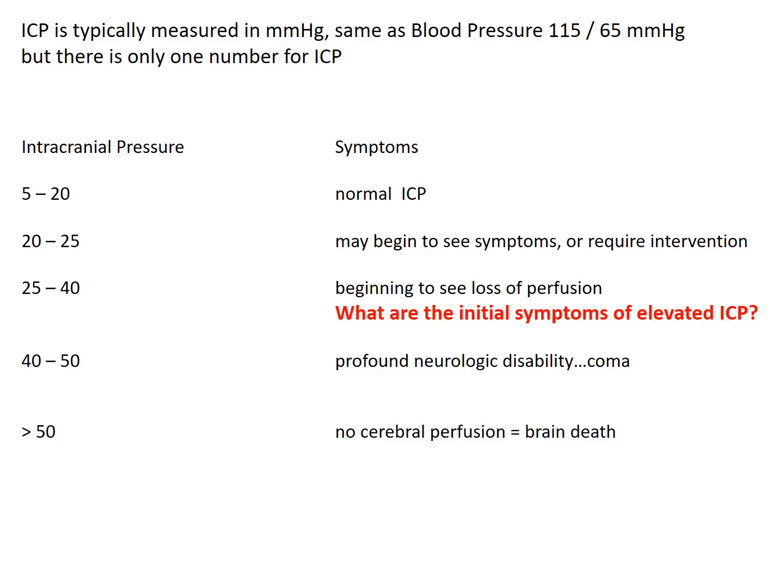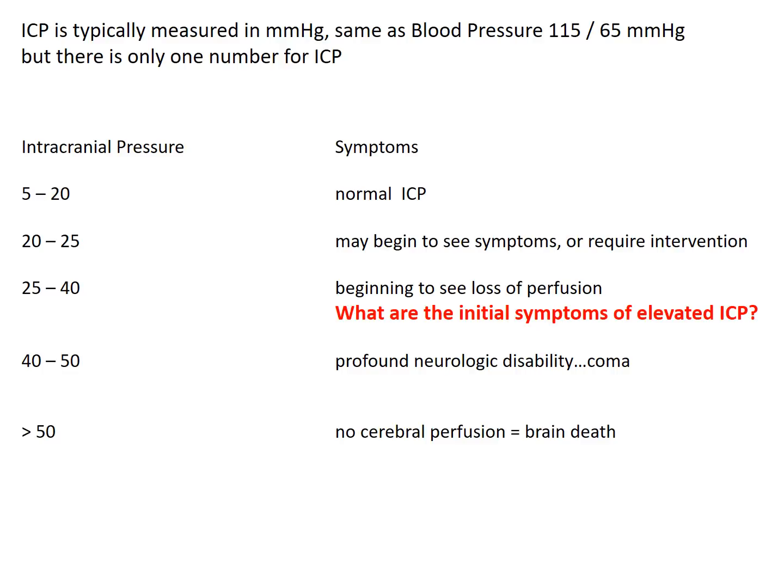Okay, we measure intracranial pressure in millimeters of mercury in the same way that we measure blood pressure in millimeters of mercury. Blood pressure, we get a systolic and a diastolic component. With respect to intracranial pressure, we just get one number. We don't get that systolic over diastolic component. Normal intracranial pressure is about 5 to 15 millimeters of mercury.